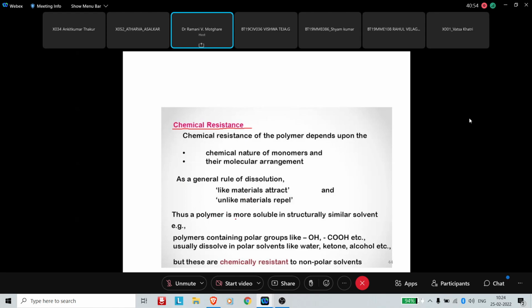Thus, a polymer is more soluble in a structurally similar solvent. If a polymer contains polar functional groups, it will dissolve in or swell in a polar solvent. If a polymer has non-polar functional groups, it will swell or dissolve in non-polar solvents.